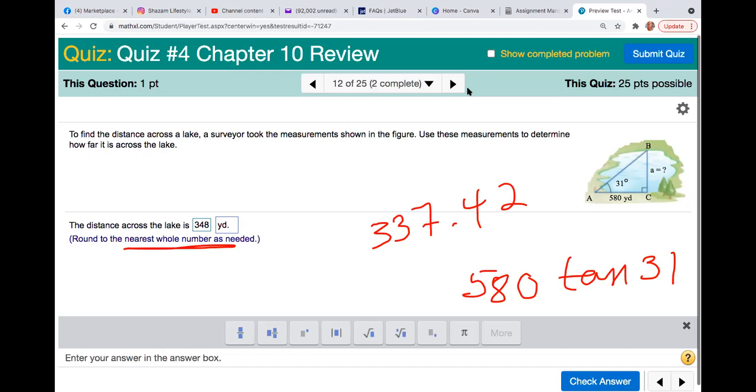So 337. See, when you're rounding, guys, if you're rounding this to the nearest whole number, you look at this number right here. If it's 5 or more, then you would have to add 1 to the 7 and make it 338. But it's less than 5, so you just leave it alone.